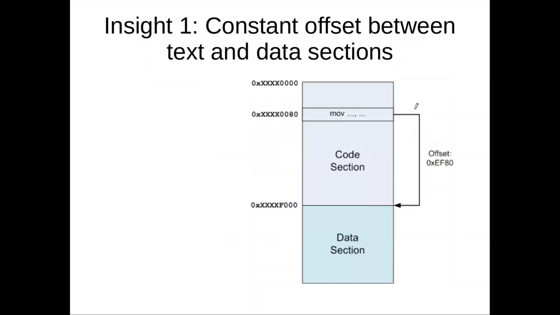So we say, sure, that's my move instruction, which tries to address a global variable. This is the code section, and the distance from these low addresses to these high addresses is always the same. And if those high bits change, meaning that we move it up or down, all the low bits don't change, right?